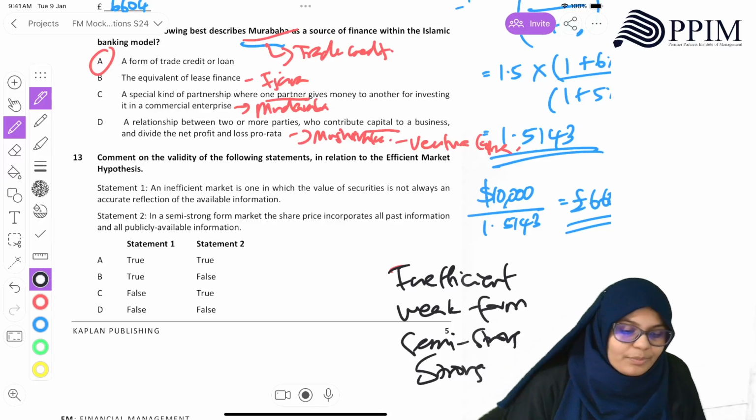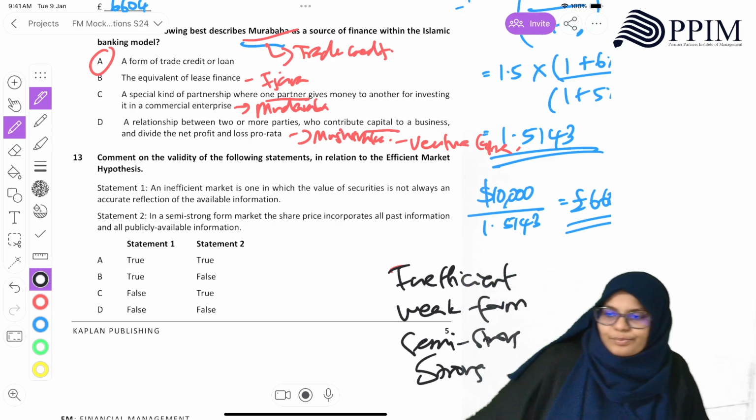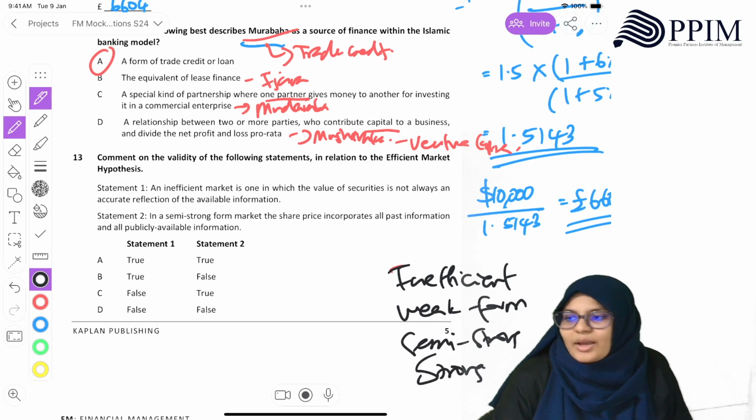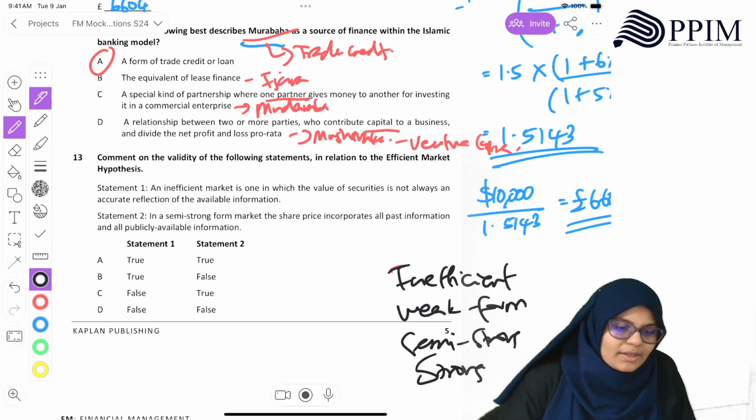Let's read through. Statement 1 is saying an inefficient market is one in which the value of securities is not always an accurate reflection of all the available information. That is true. If you are inefficient, the share price is not reflecting the available information properly.